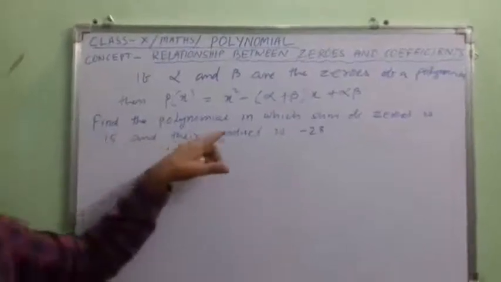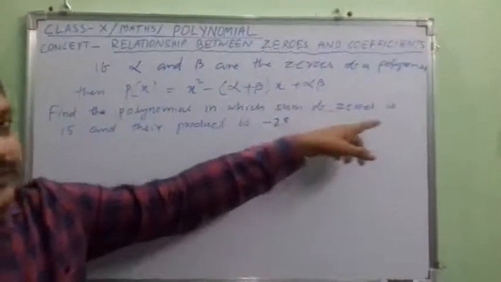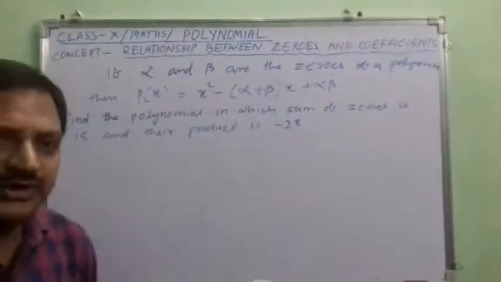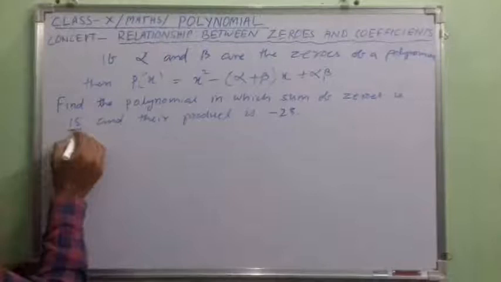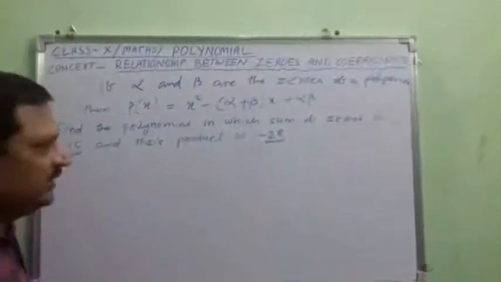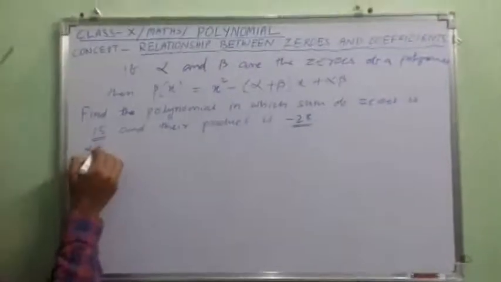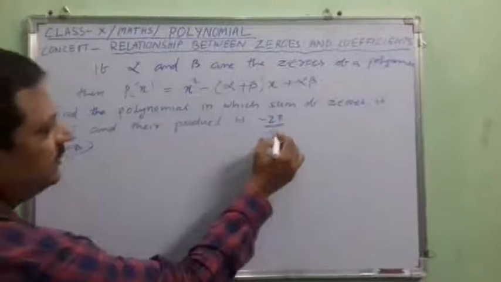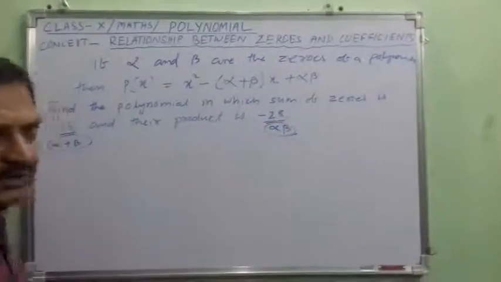Find the polynomial in which sum of zeros is 15 and their product is minus 28. Here you see sum is given 15 and product is given minus 28. And sum means what? We are given a value of alpha plus beta. And product means what? We are given the value of alpha beta. Okay.